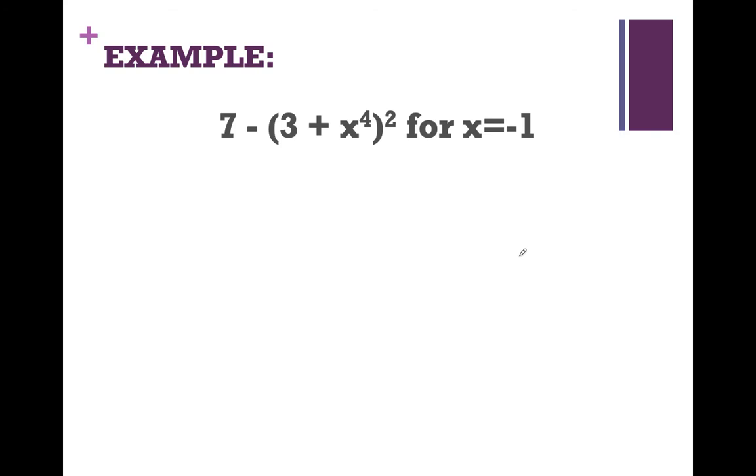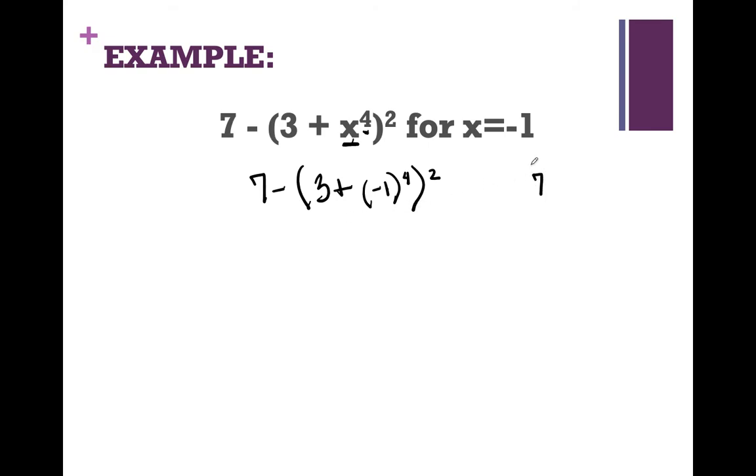So in this expression, first thing I need to do is replace my x with a -1. But x has an exponent. If it doesn't have an exponent, this doesn't necessarily affect the problem. But since there's an exponent here of 4, it's really important that I put parentheses around my -1. And I'll show you what happens if you didn't.